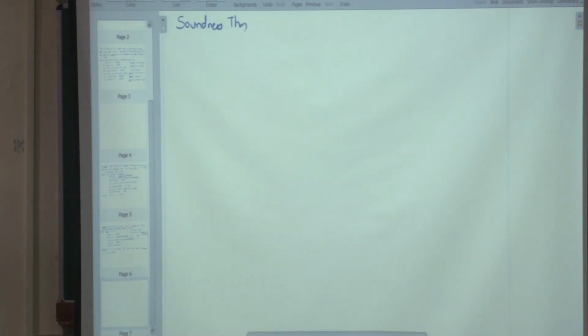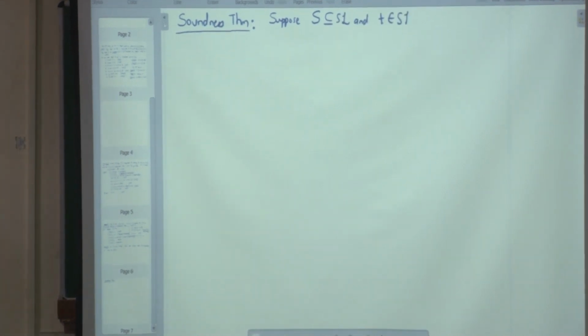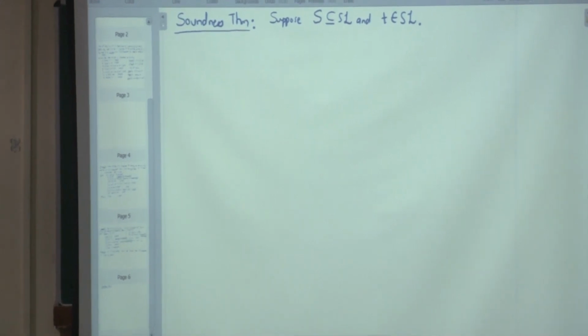Now by this time I have talked about these things so many times that the statement of the soundness theorem is also not a surprise. Suppose S is a subset of SL and T is a particular formula.